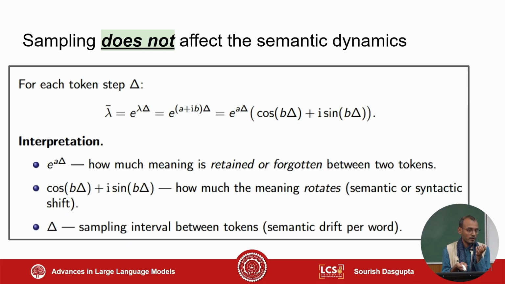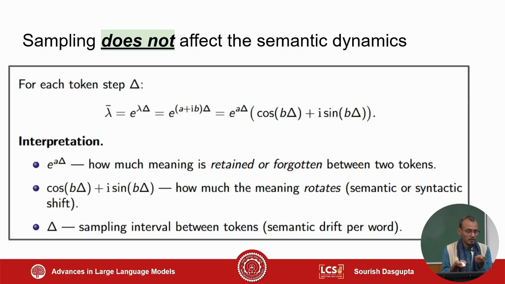Because if you say lambda bar is equal to e to the lambda delta instead of e to the lambda t, you would end up getting this form, considering that lambda can be a complex number as well. The interpretation is that e raised to alpha delta is how much meaning is retained or forgotten between two words or two tokens.